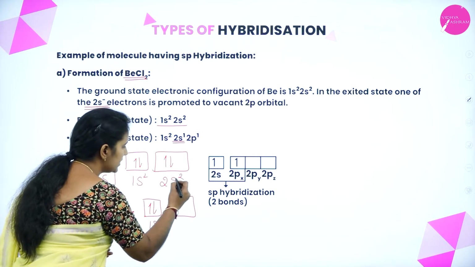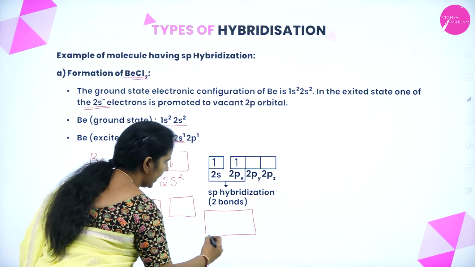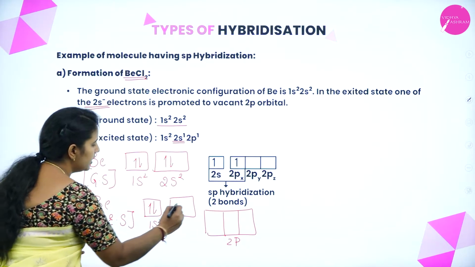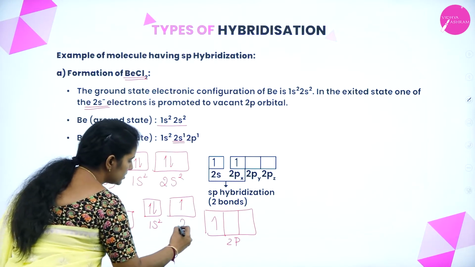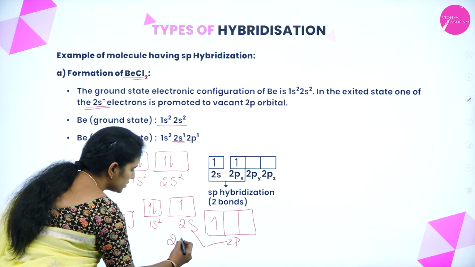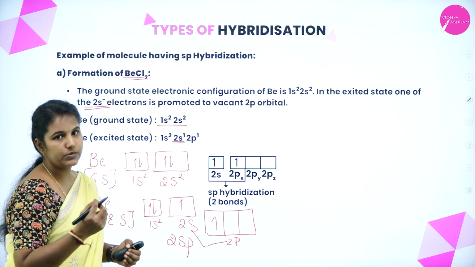But the 2s, which consists of 2 electrons, gets excited and one electron is shifted to the 2p orbital. So this is 2s and 2p. This is also known as sp hybridization.